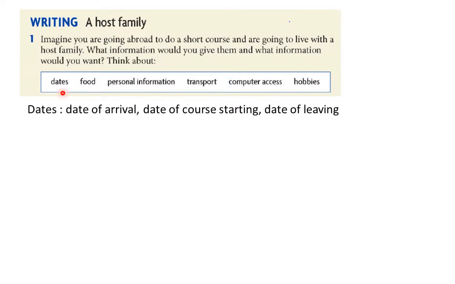An example of dates is date of arrival to the host family, date of course starting, date of leaving the host family. So, the host family needs to know the arrival date, the course starting date, and the leaving date.